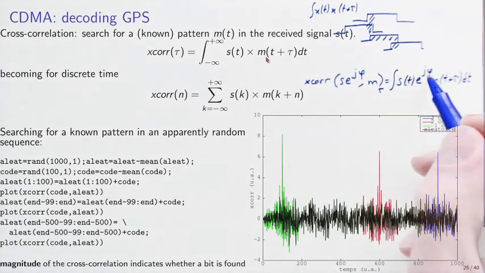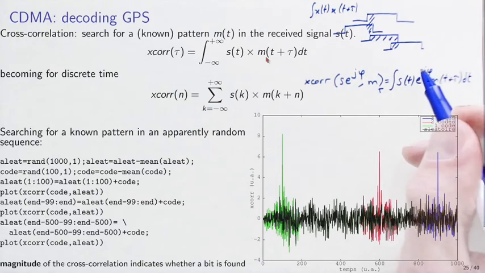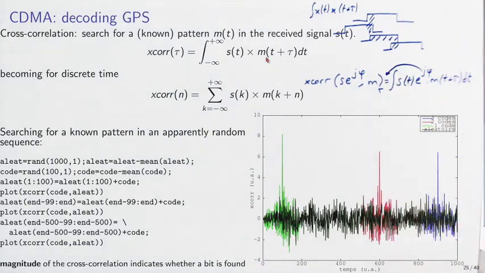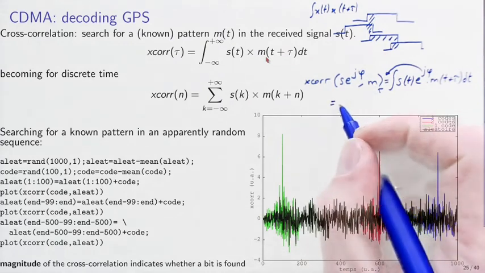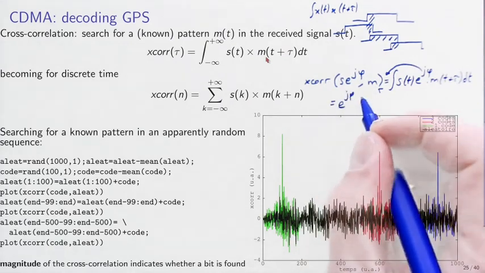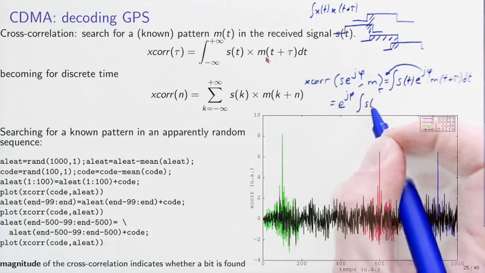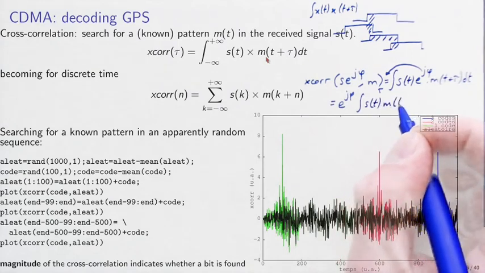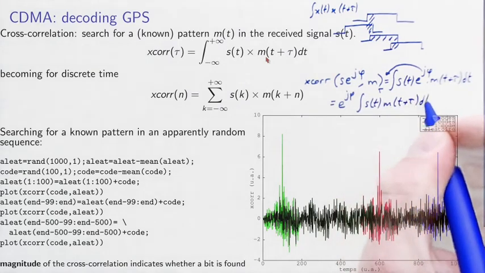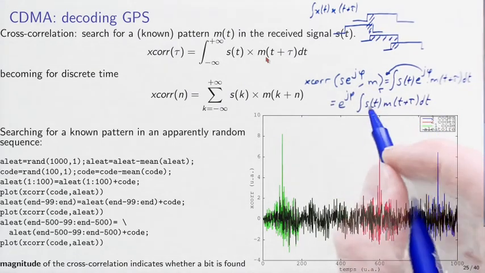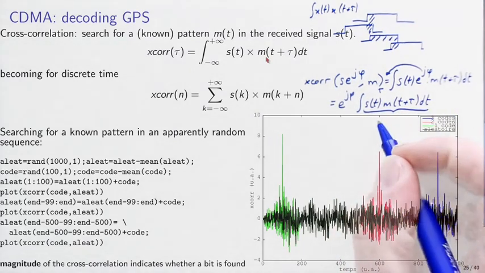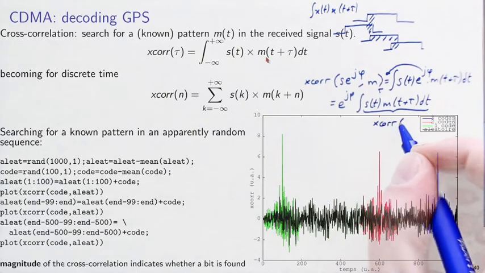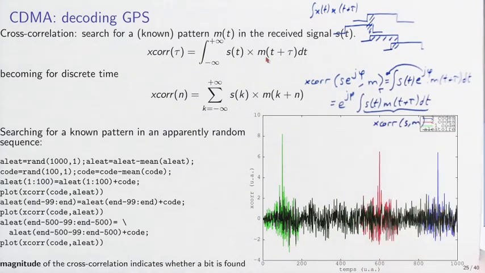But because this phase is not time dependent, I can bring it out of the integral, and this is equal to exponential of j phi times the integral of s of t, pattern of t plus tau dt. And what we see here is that this term over here is indeed the cross correlation of S and M as we've seen earlier.